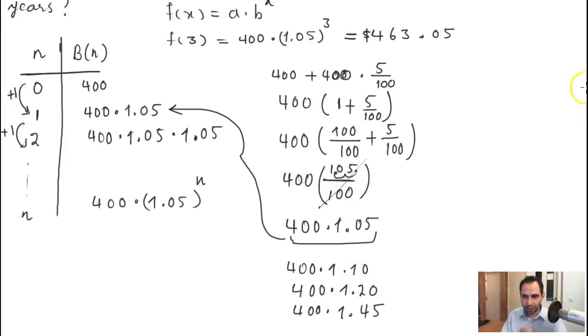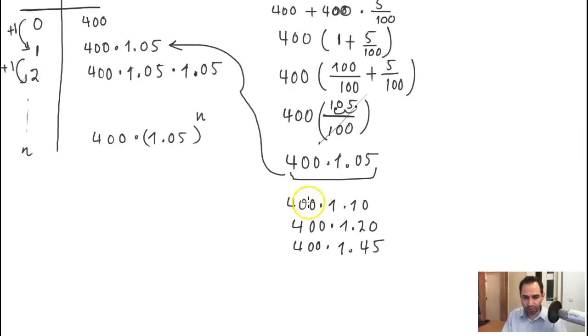And if it was increasing by 100%, you would get $800. If you had $400 and you want to increase it by 100%, that means you get another 400, so 400 plus 400 becomes $800.